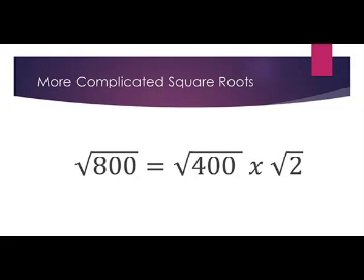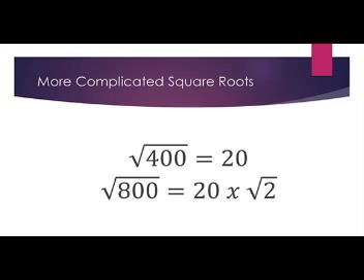So you can see that 800 is equal to 400 times 2. You can break that apart: the square root of 400 times the square root of 2. Then you can go even further and say that the square root of 400 is 20, and so that ends up being equal to 20 times the square root of 2.